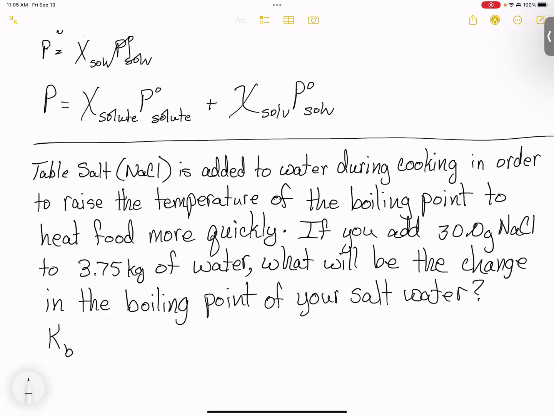KB for water is equal to 0.51 degrees Celsius per molal.